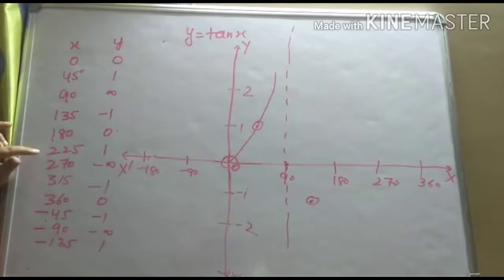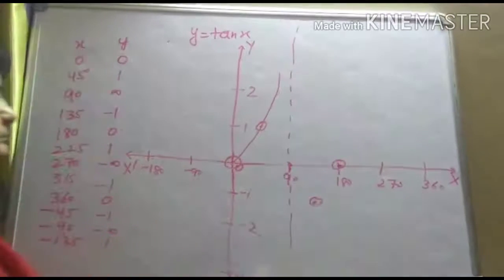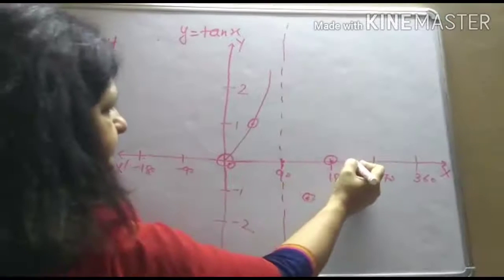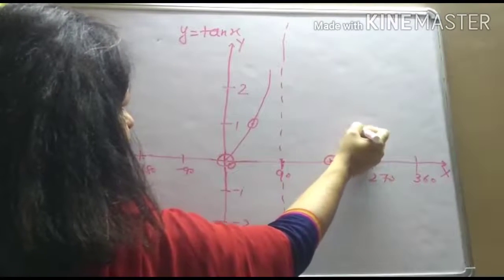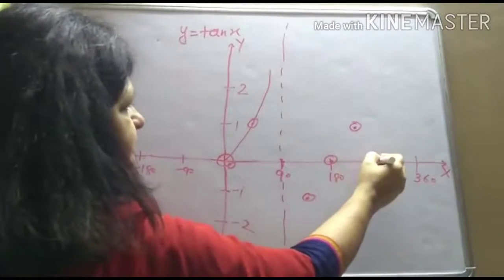Now, 180 is 0. Now, 225 is 1. Now, 270 is again minus infinity.